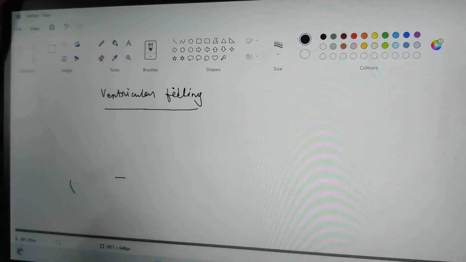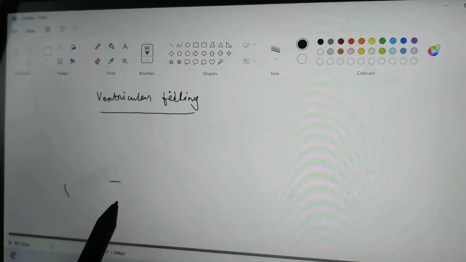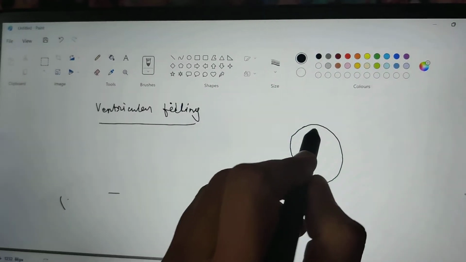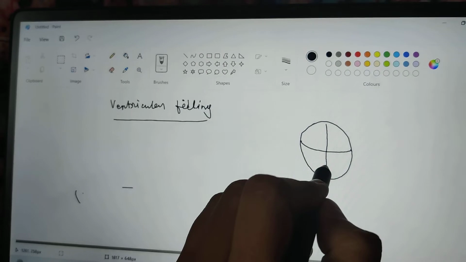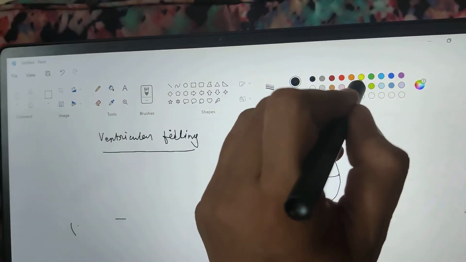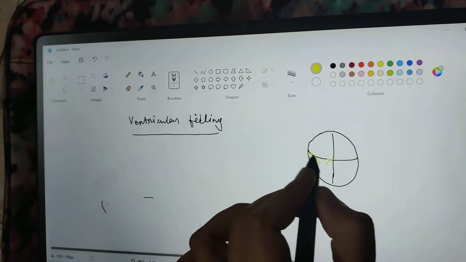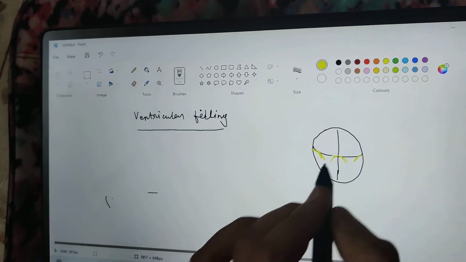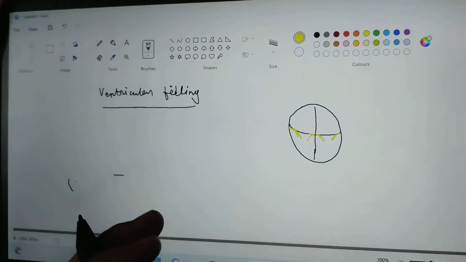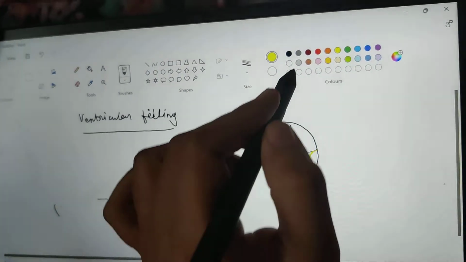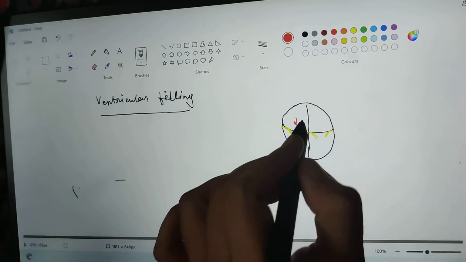Here, when the atrioventricular valves open, this is the heart, and when the atrioventricular valves open, the atrial pressure falls. The atrial pressure will fall.